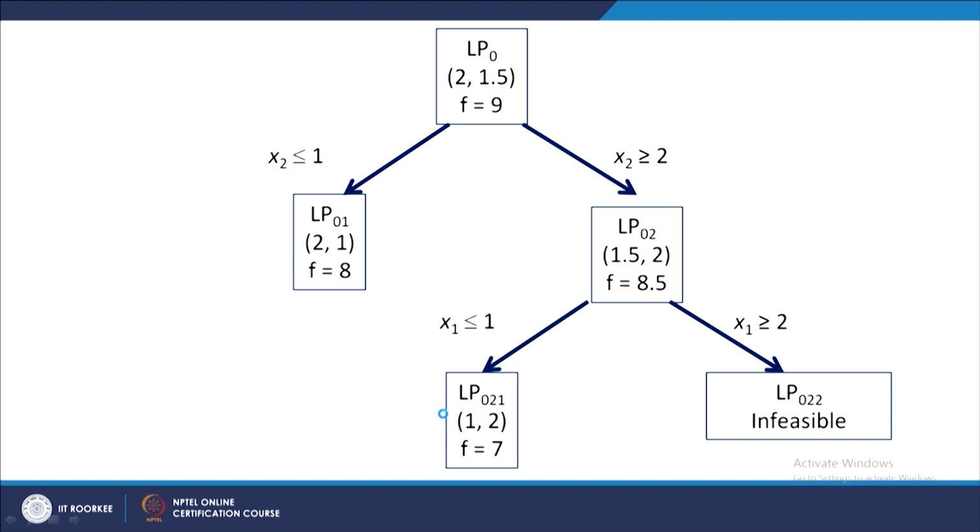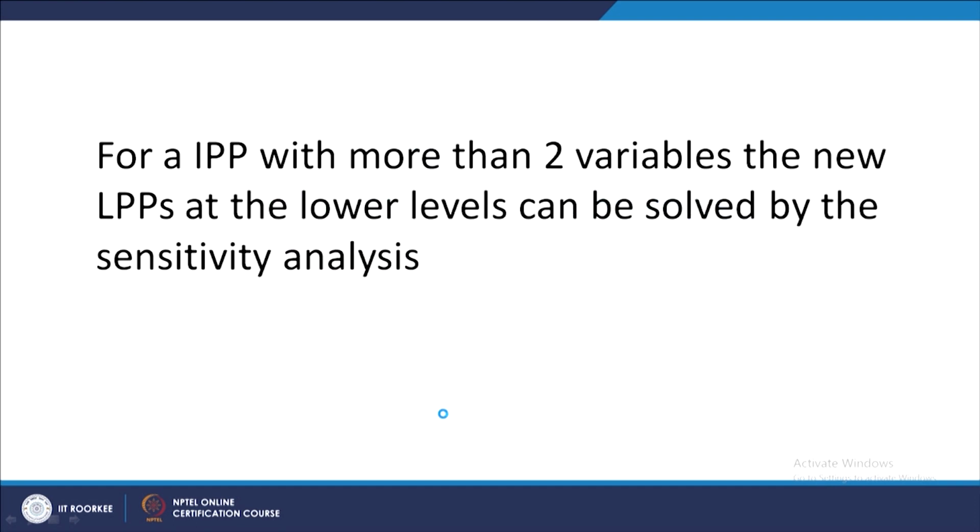Since it was a maximization problem, the solution to the problem is LP01, which gives 2 comma 1 as the solution. I hope everybody has followed how this procedure is to be implemented.